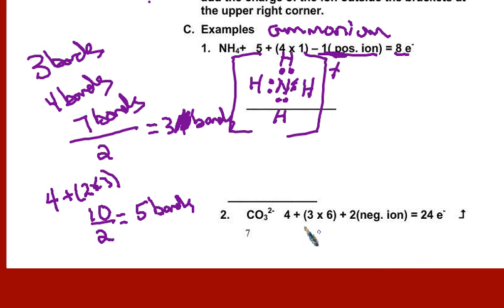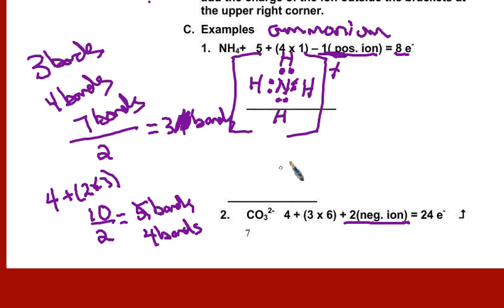bonds in our molecule. Now, carbons always go in the middle, and carbons are always going to need 4 bonds. Okay. However, since we are adding 2 free electrons, those 2 electrons are actually going to take away one of those bonds because we have extra electrons lying around.